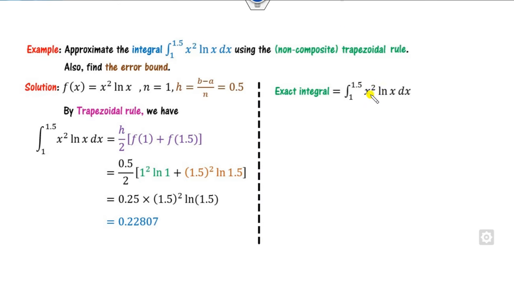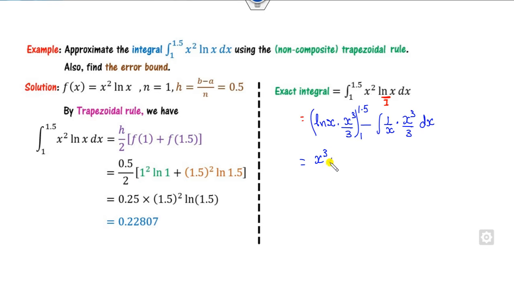How can you integrate this? You can use integration by parts. Take the first function, integration of second function, minus integration of first function and then second function over dx. This is the limit from 1 to 1.5.